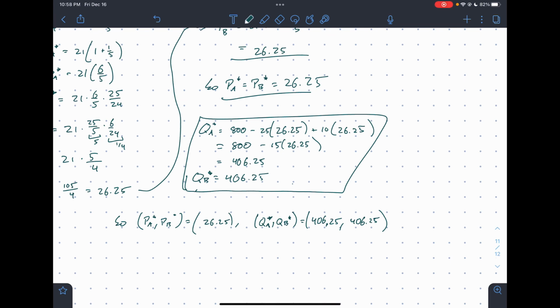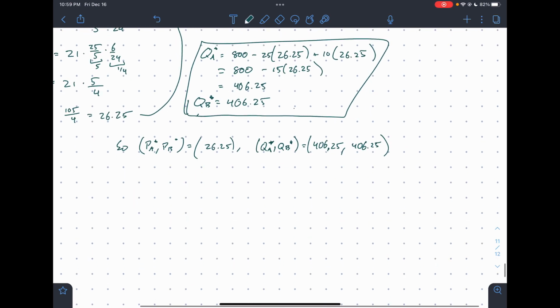And then finally, we want to find the margin. So we're going to do the same formula that we did before. Oh, I just realized the question asked for the total quantity.